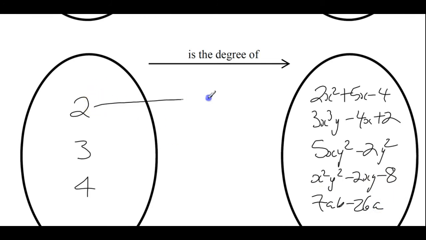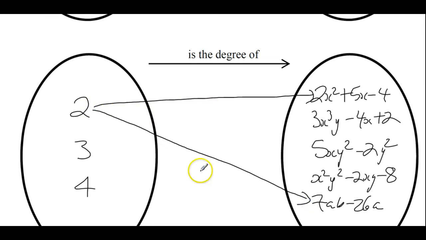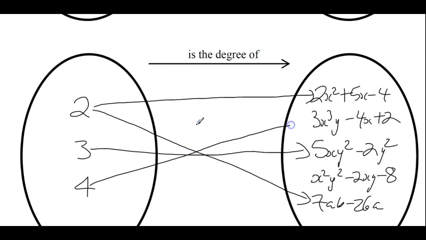So 2 is the degree of this one, and 2 is the degree of this one, and 3 is the degree of this one, and 4 is the degree of this one, and 4 is the degree of this one.